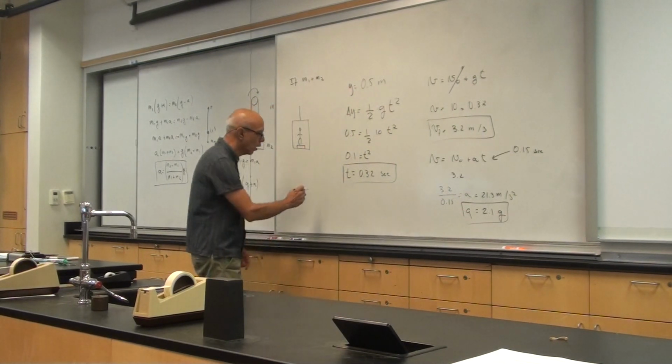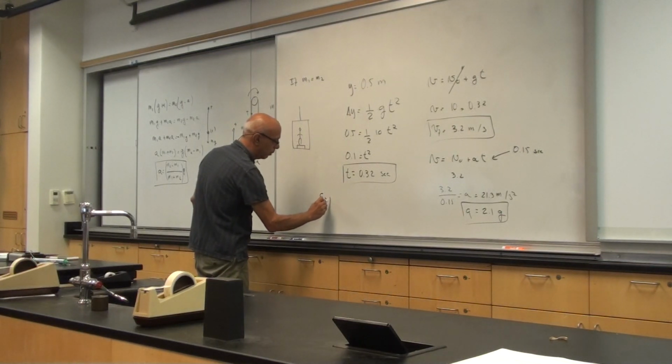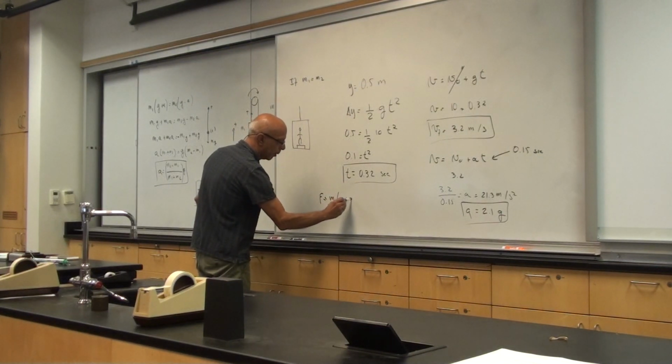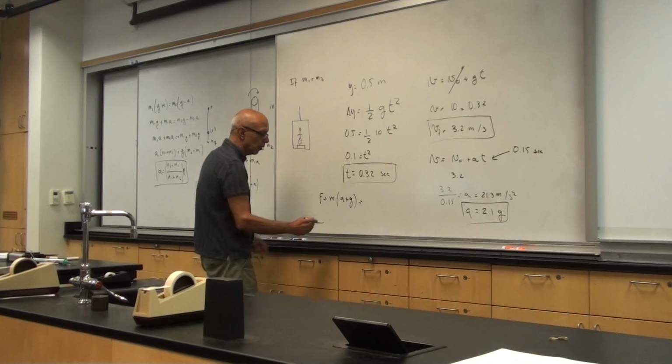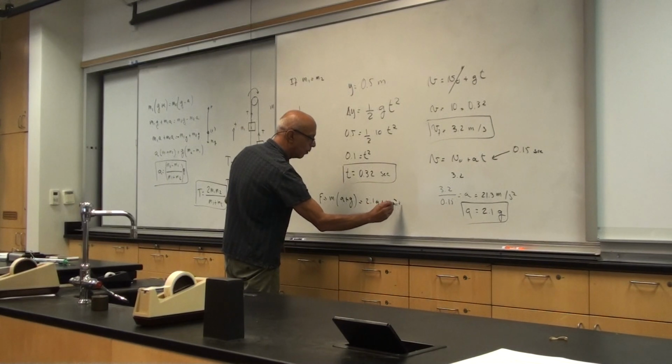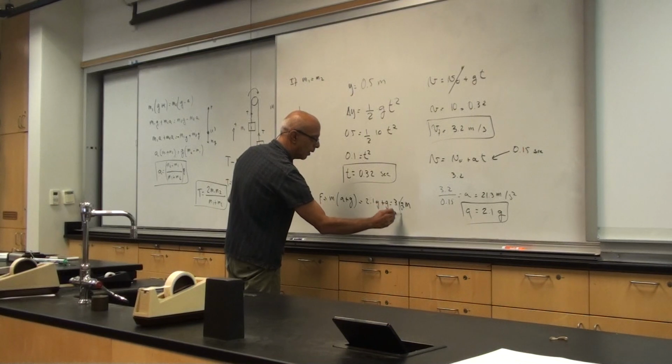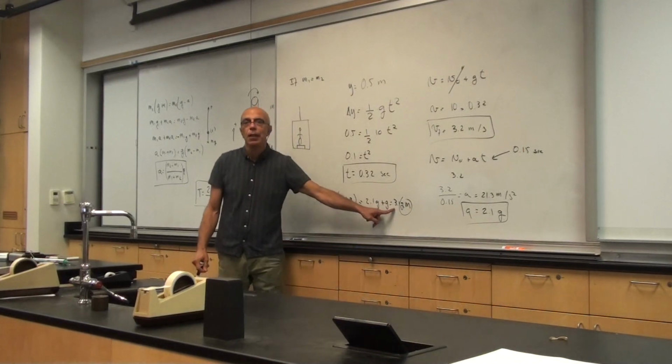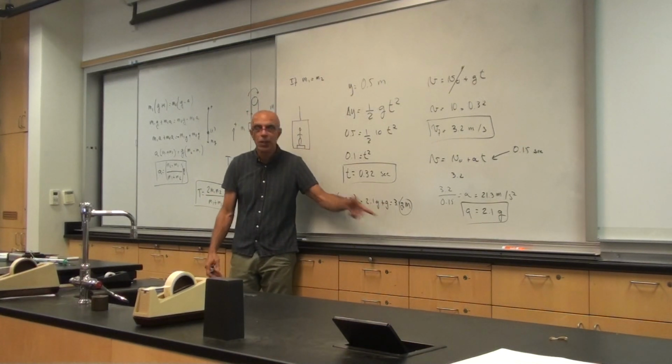So F is going to be m times A plus g, but A is 2.1 g plus g, that makes 3.1 g m. Okay, so my weight has increased by 3 times.